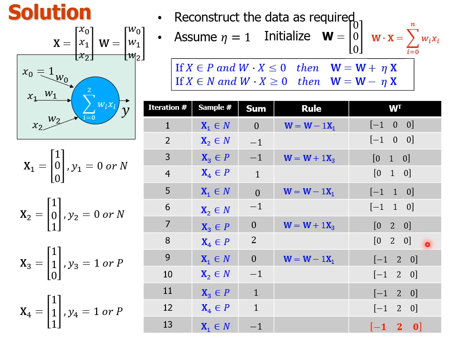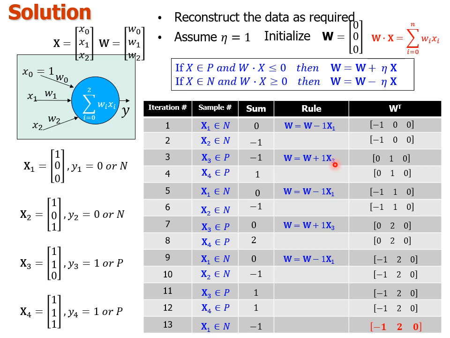Let us once again have a look at what we did and how we updated the weight vector. If there is a mismatch for the negative class, we are subtracting the quantity from the weight vector, and if there is a mismatch for the positive class, we are adding the quantity to the weight vector.